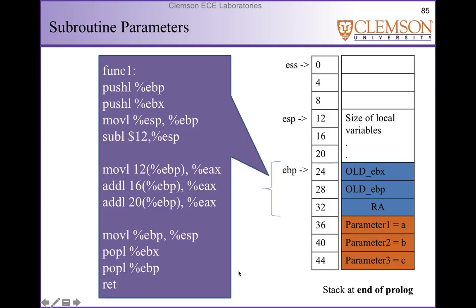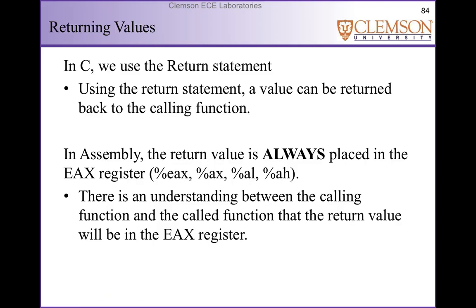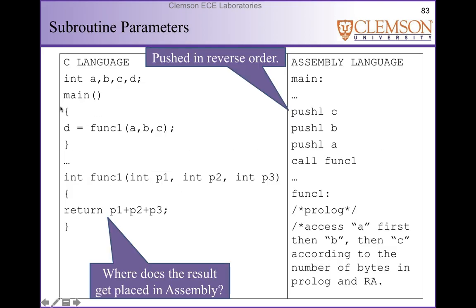So, subroutine parameters. I want to specify, when you do this in C first: in your assignments, you had a C driver file, and then in assembly language, you wrote what this function was.